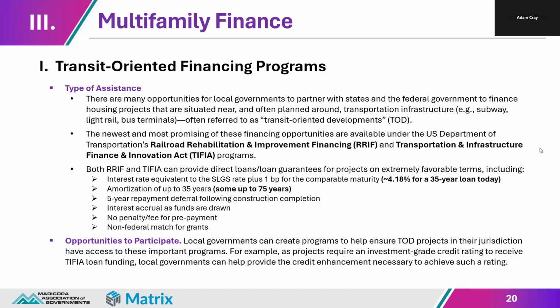And it's not the easiest thing. For example, under TIFIA, you've got to have an investment grade rating on your project in order to get a TIFIA loan. Well, as a former rating analyst, I'll tell you that that's not an easy thing to do just on the basis of project revenues.